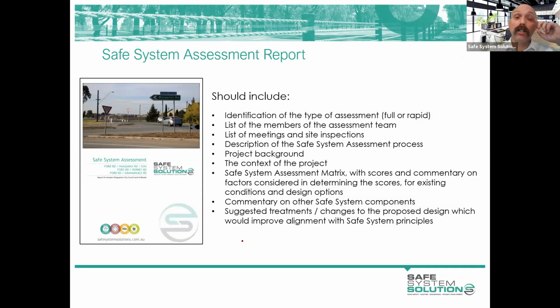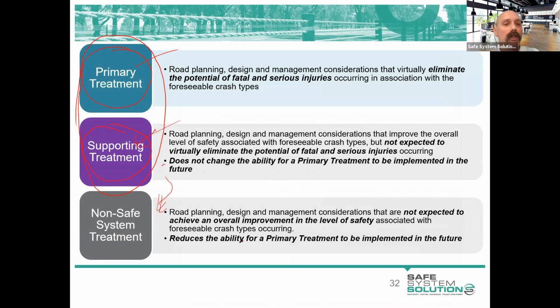Yeah, so that's associated with the recommendations. So it's really categorizing anything that you recommend, any alterations you're recommending. You may use that as terminology if you want about what they're planning with their designs. But really, you're going to say something like, we recommend a continuous flexible barrier system for this length of road on the roadside, and then you categorize that as primary for run-off road crashes or passenger.